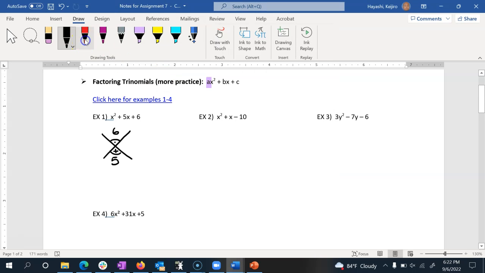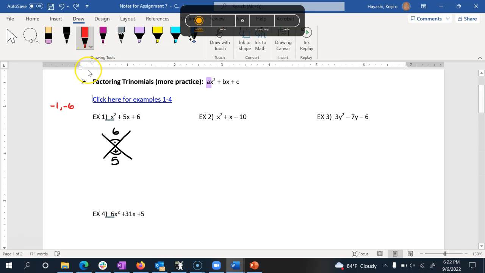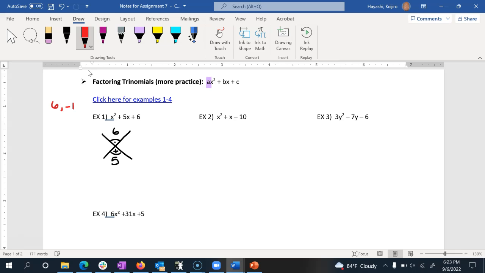Now, considering negative 1 and negative 6, those definitely multiply to positive 6, yes, but they add up to negative 7. And even if you switch the sign of one of them to where they're 6 and negative 1, now they add up to 5, but they don't multiply to positive 6 anymore. Now they multiply to negative 6.